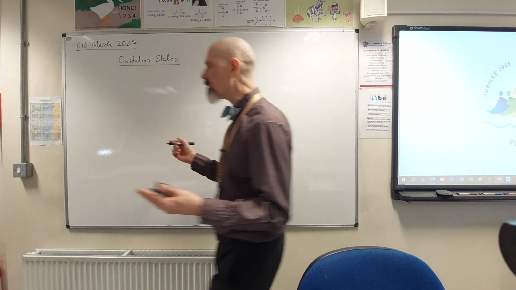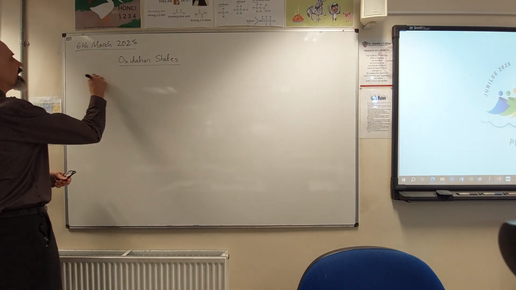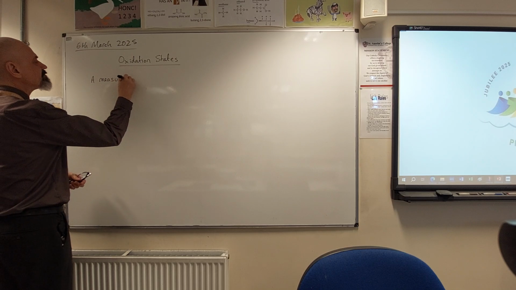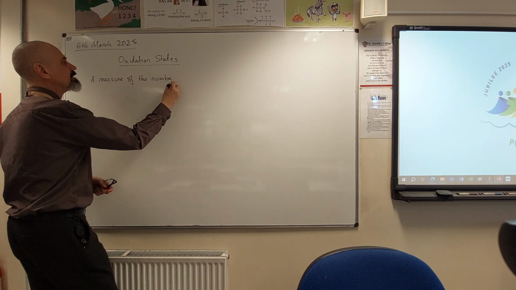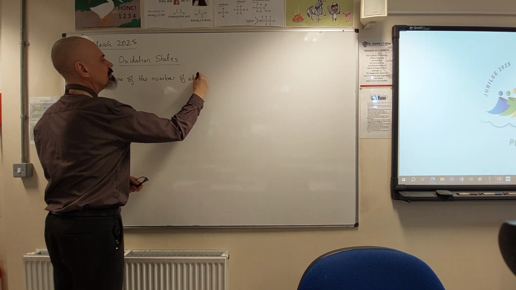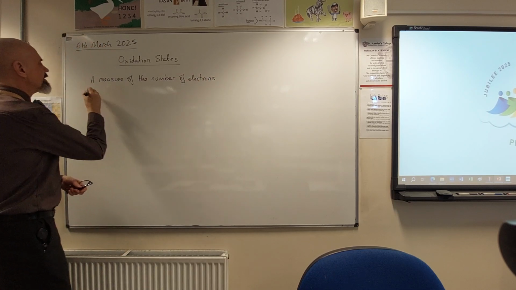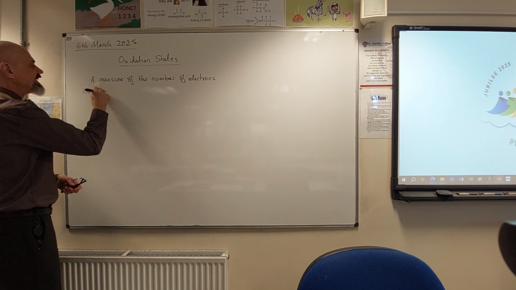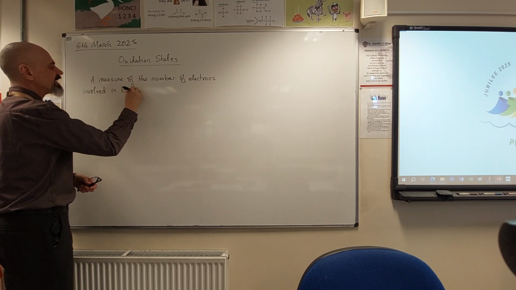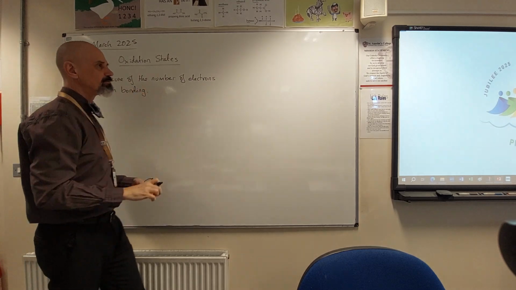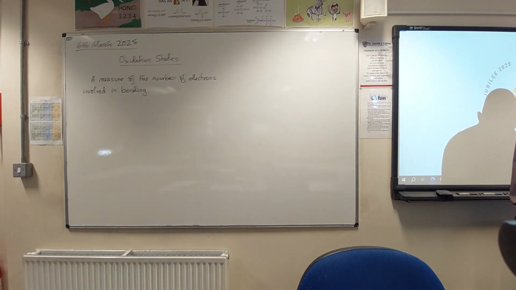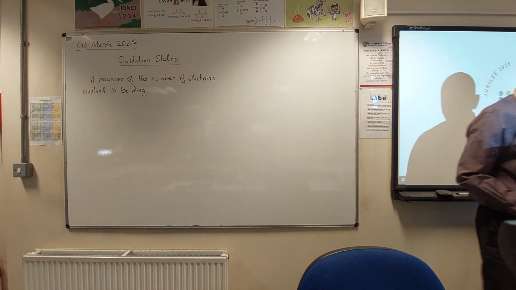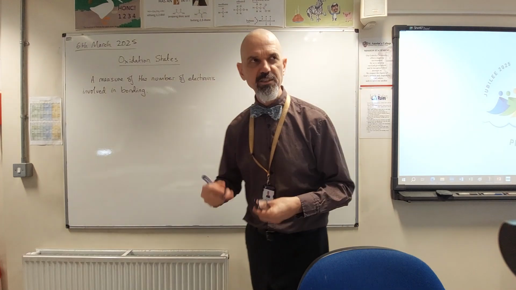It's roughly, approximately, a measure of the number of electrons involved in bonding. So if you want to think of it as anything, think of it as that. But as you'll see when we get stuck into it, that doesn't always apply.